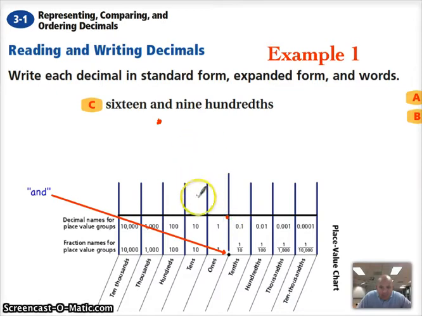We know that "and" is there. 16 is in front of that "and." Well, hundredths is right here, and there's going to be 9 of them, so I'm going to put a 0 here and a 9 here to indicate that this is 9 hundredths. 16 and 9 hundredths.